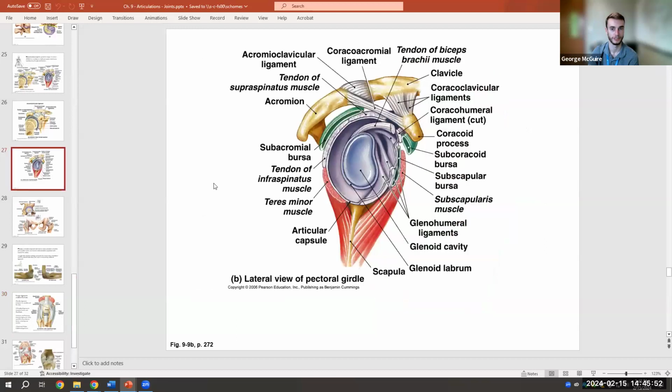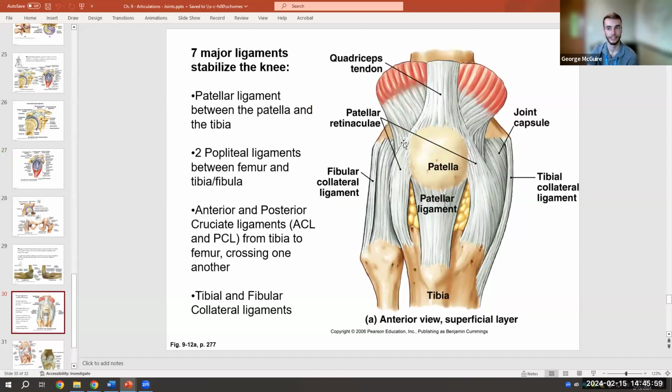So that general concept: a lot more movement, a lot more fluid, and fewer ligaments in a ball and socket joint. In a hinge joint, there is less movement because the ligaments involved are more numerous and thicker. So this is a more structurally sound joint, but it has less movement available.